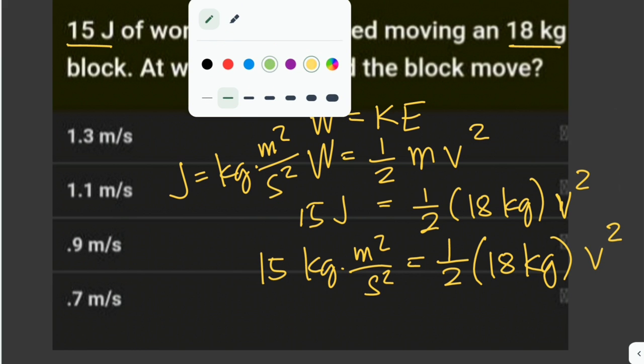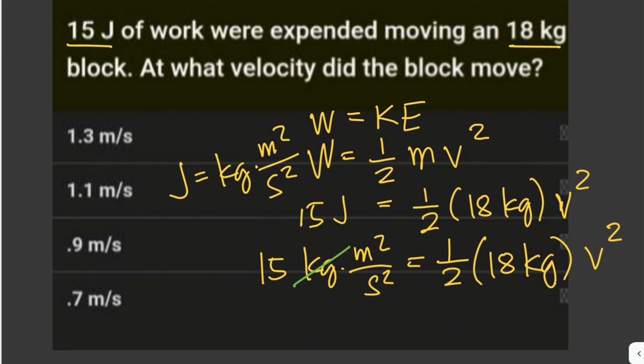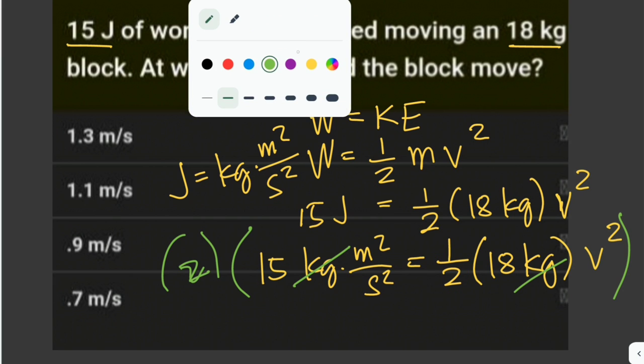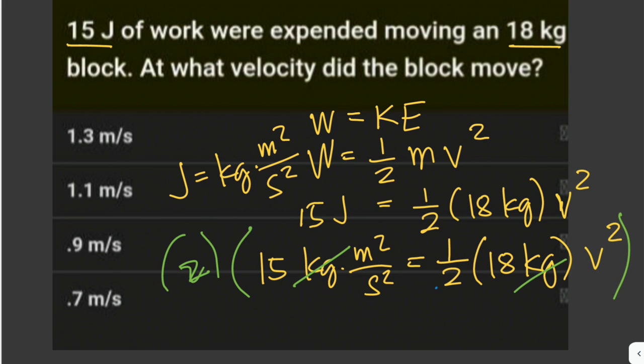So let's cancel out some units here first. We cancel out kilograms, so we are left with meters squared per second squared. Then we can multiply both sides by 2 to get rid of the 1/2 here. Then this cancels out, so we are left with 2 times 15 meters squared per second squared equals 18 v squared.